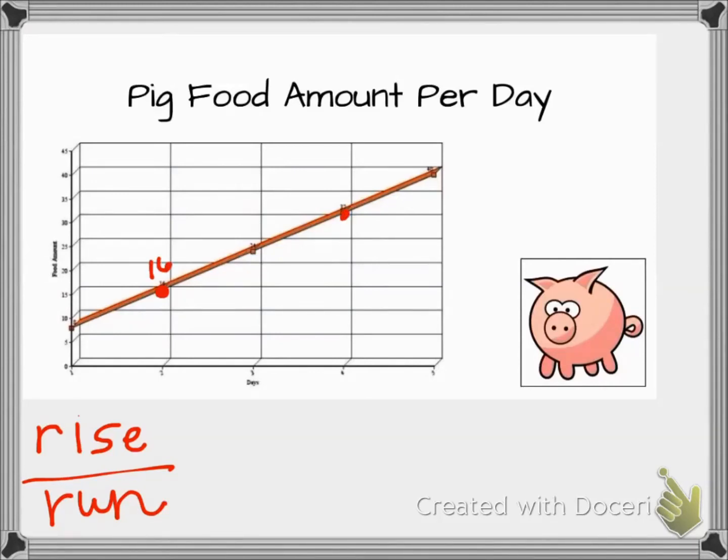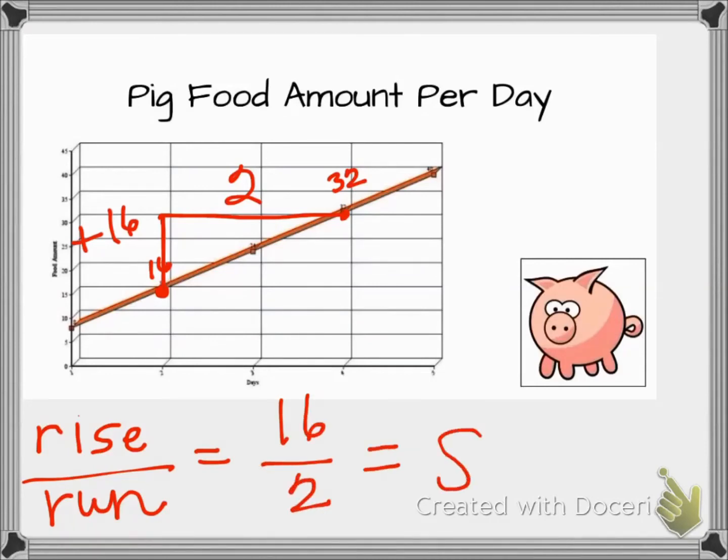And this one is at 32. So from 16 up to 32 is 16. And from 2 over to 4 is 2. And 16 over 2 simplifies to 8. So our pig eats around 8 gallons per day.